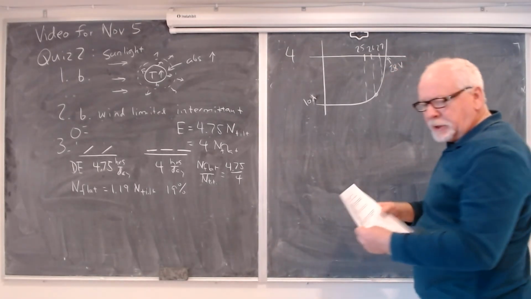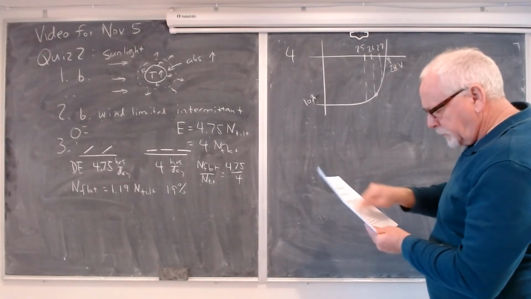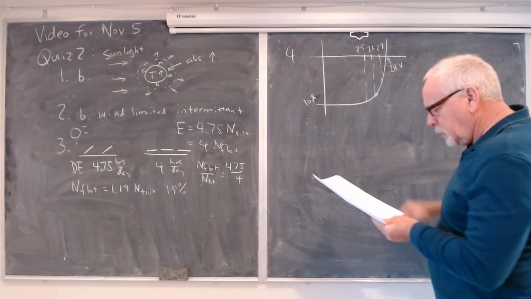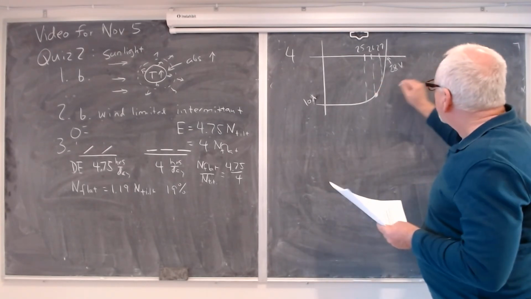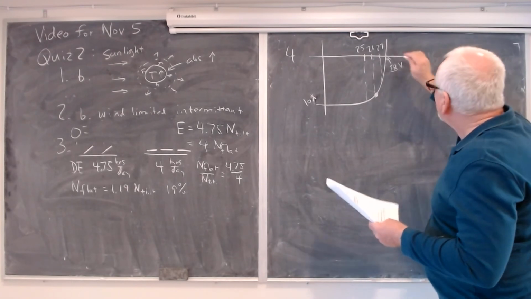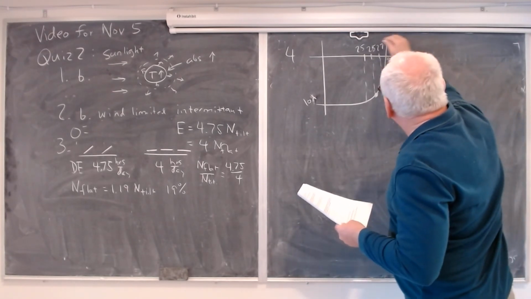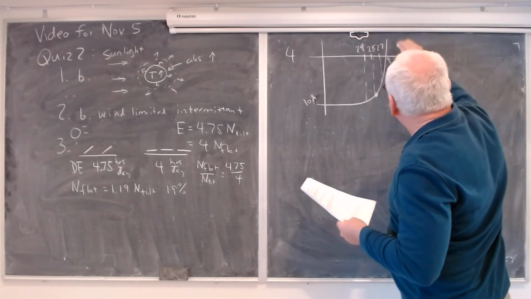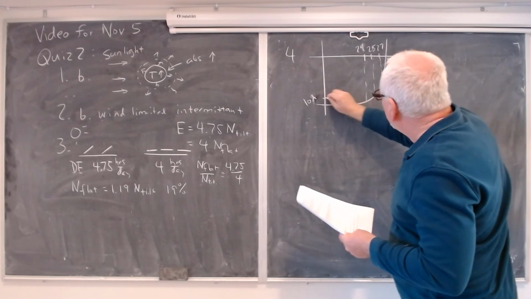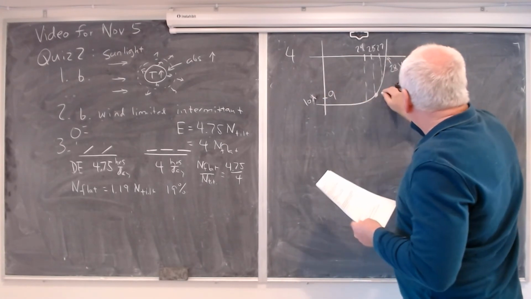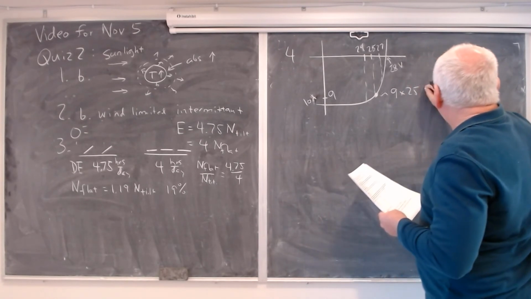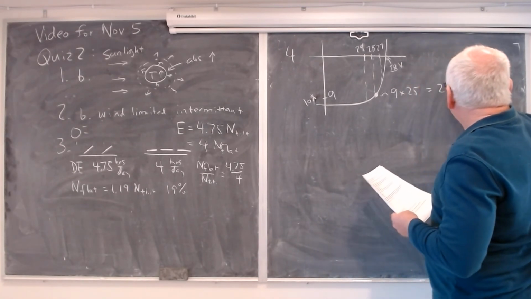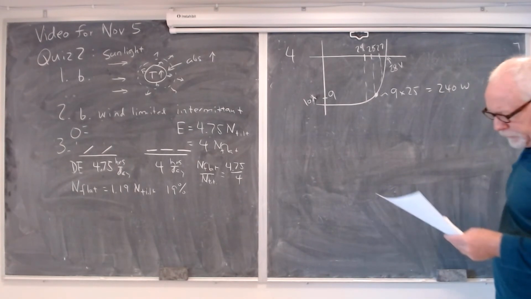And so, the idea was to look at the plot and make a little rule line and figure out that at this point you had approximately, that's more like 25, 24, 9. You had approximately 9 times 25, or around 240 watts, if you went through that.